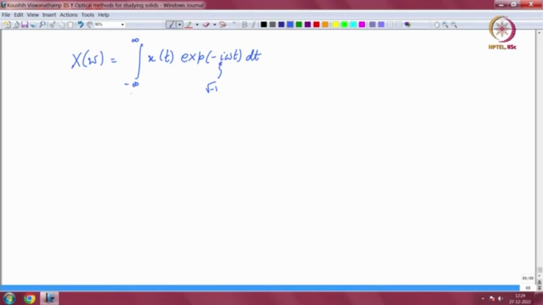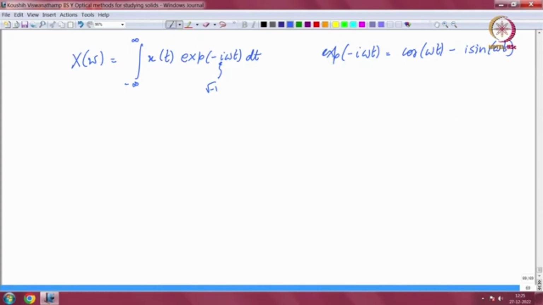Notice I have put a limit going from minus infinity to plus infinity. So, t does not really have to start from time equal to 0, t can be any variable like we mentioned, it can be a spatial variable also, in which case it can in principle go from minus infinity to plus infinity. Okay, so, this gives you X of omega. The exponential of course is obtained from this Euler relation, you have probably seen this in a complex variables course.